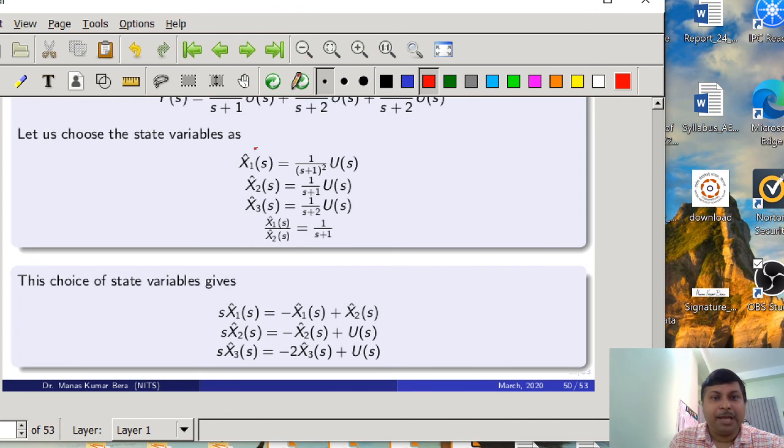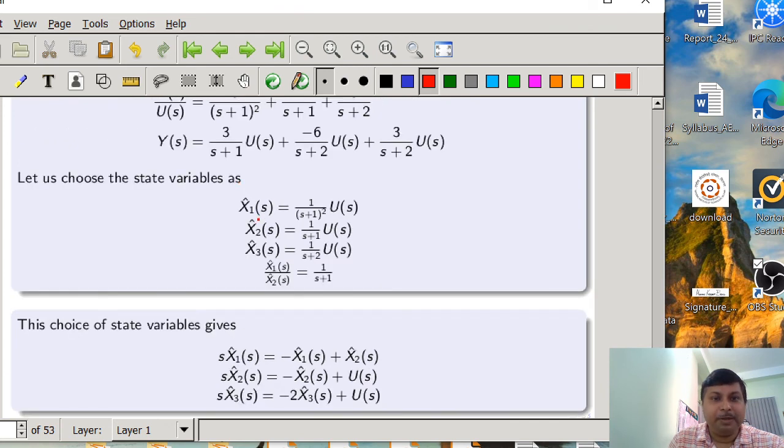Now we will assume the state variables: x1s is equal to 1 by s plus 1 whole square into Us, x2s is equal to 1 by s plus 1 into Us, and x3s is equal to 1 by s plus 2 into Us.